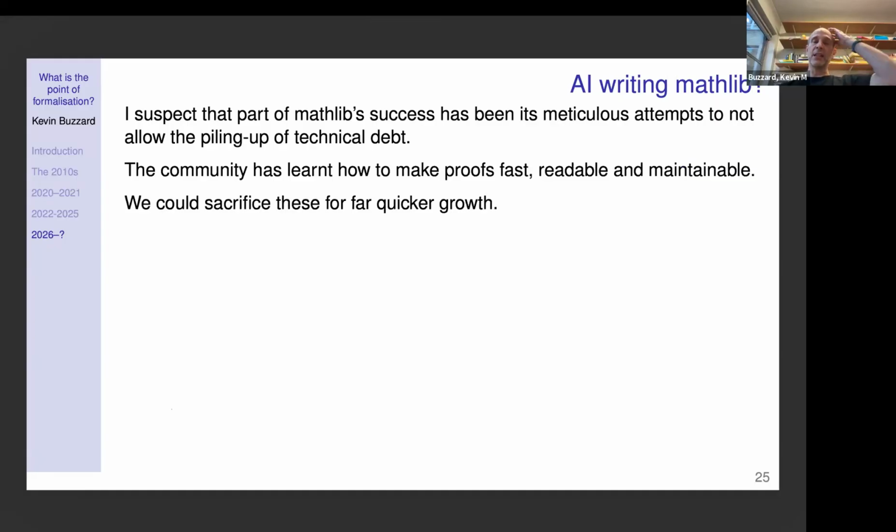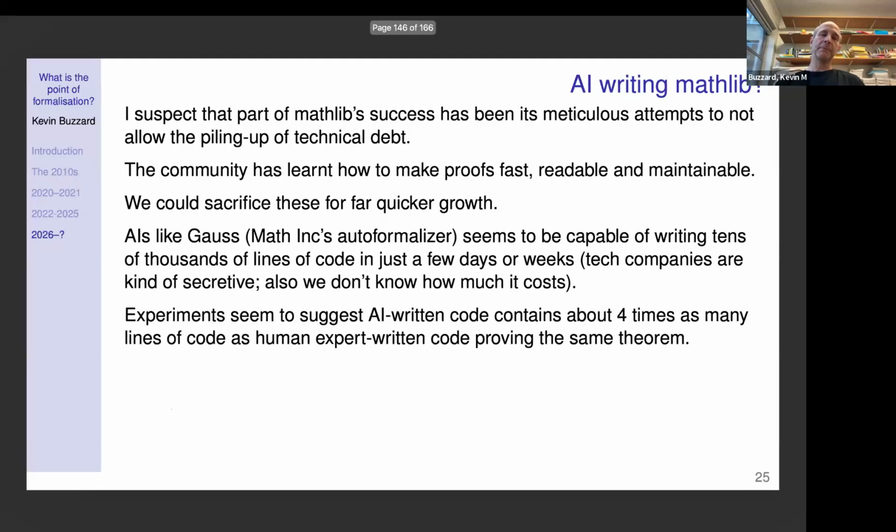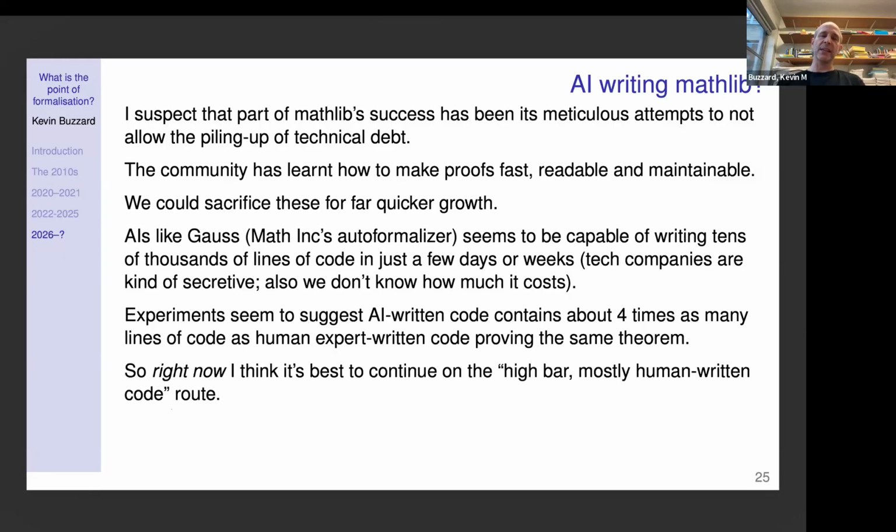As the language changes, the thing doesn't collapse. So we could sacrifice them for quicker growth. And it turns out that there are tech companies capable of writing many, many thousands of lines of code very, very quickly. But my instinct is that AI code is very inefficient, and it also writes the wrong lemmas and does the wrong things.